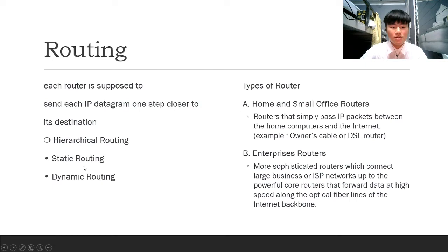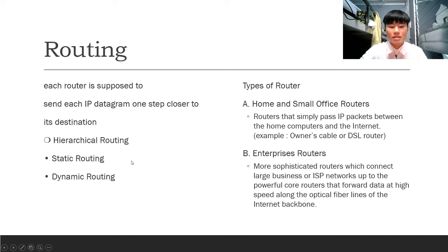And then routing protocols are also classified into two categories. There are static routing protocols, where an admin manually allocates the path from the source network to the destination network.